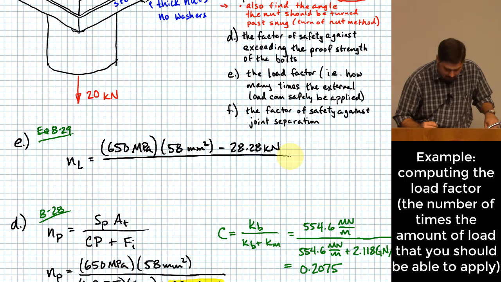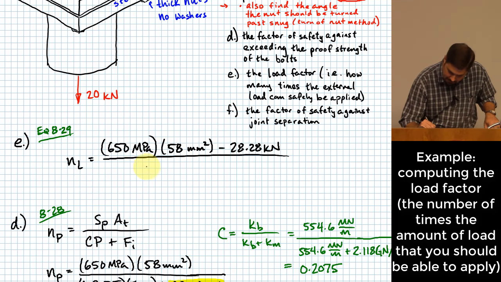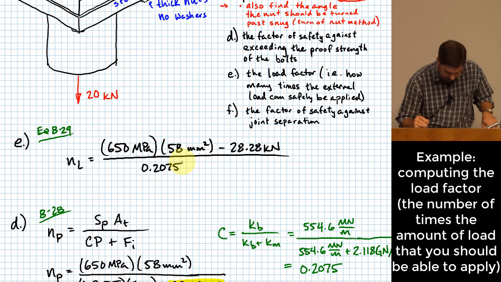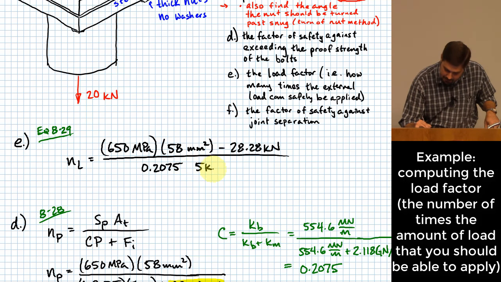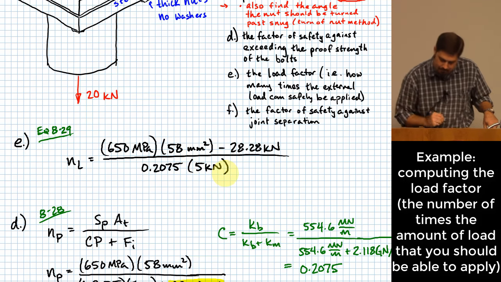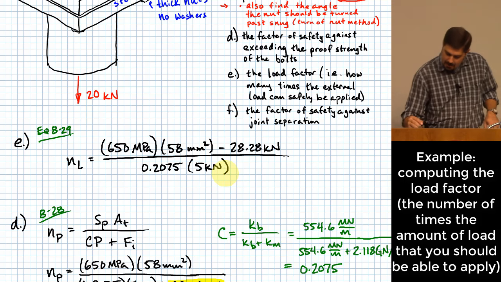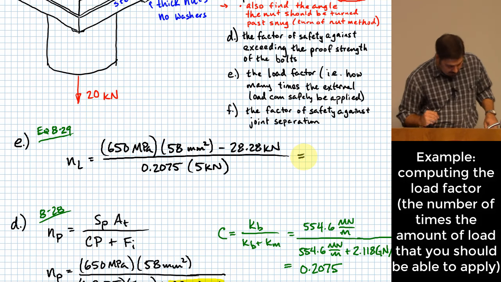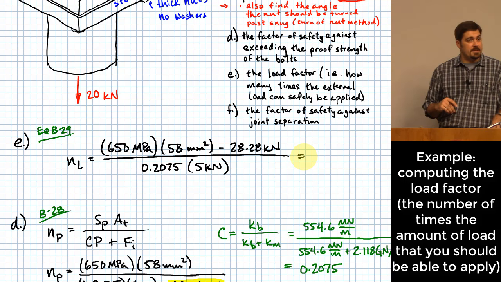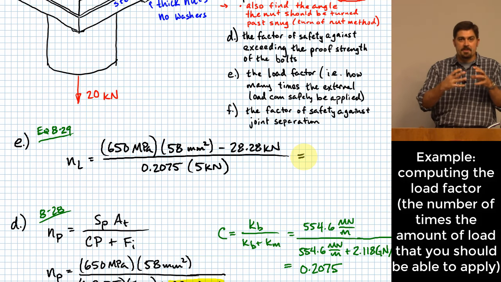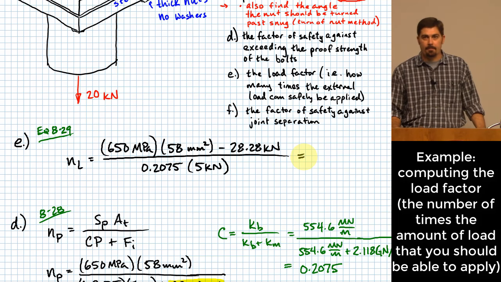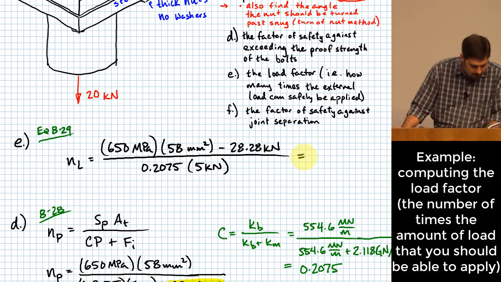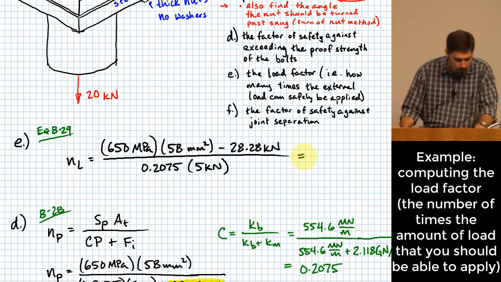All of this divided by your joint stiffness constant times the external load applied to one fastener, which would be 5 kilonewtons. This gives you a number that says you can apply this number of times more load to the joint than what you are. N sub L turns out to be 9.08.